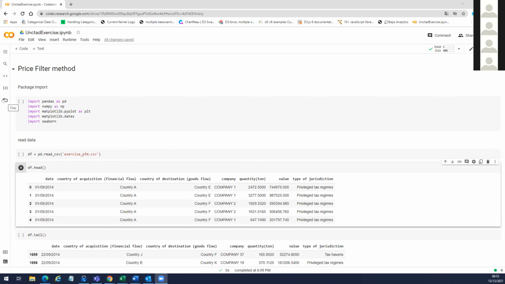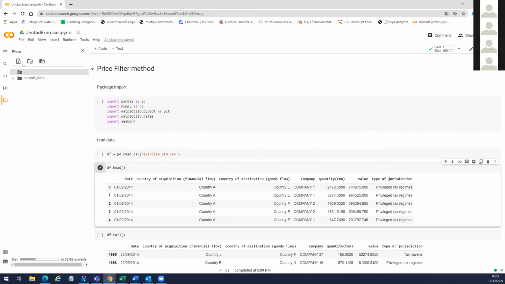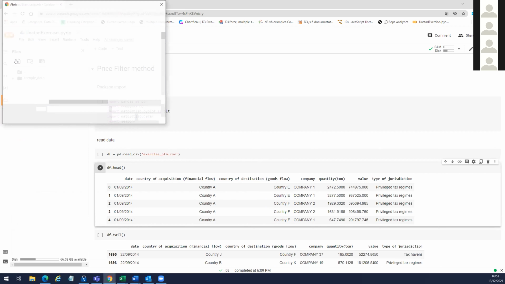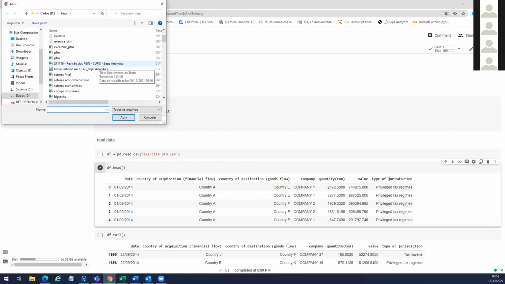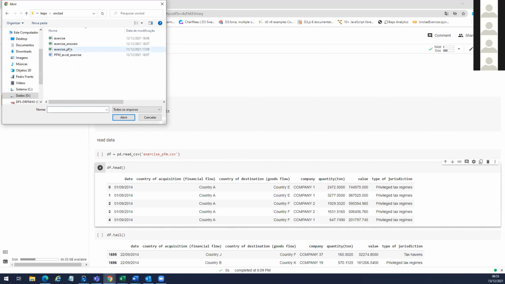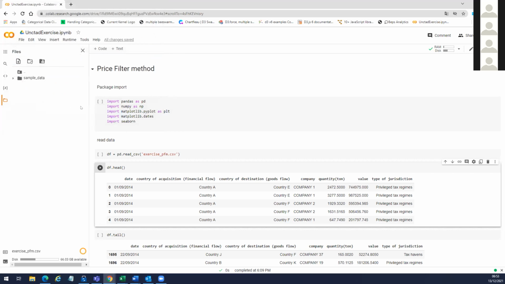I click this folder, and then I click the upload icon above to open my database, and I will choose the exercise PFM, a file that you received in the files that were sent. Then the exercise PFM is here, and we can start to execute our script.